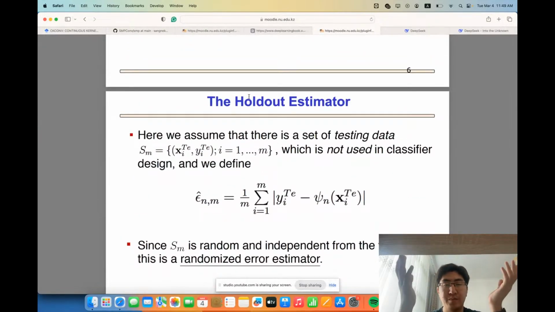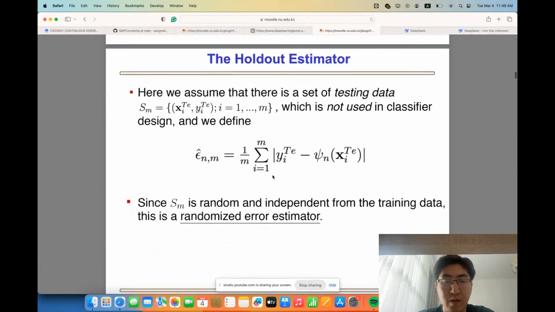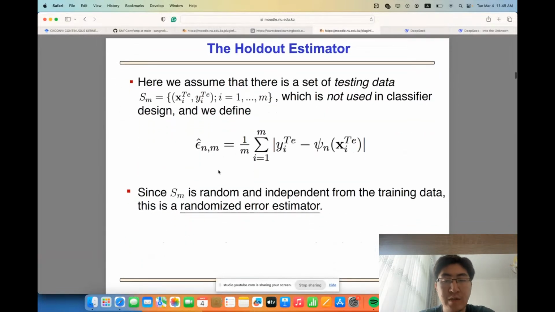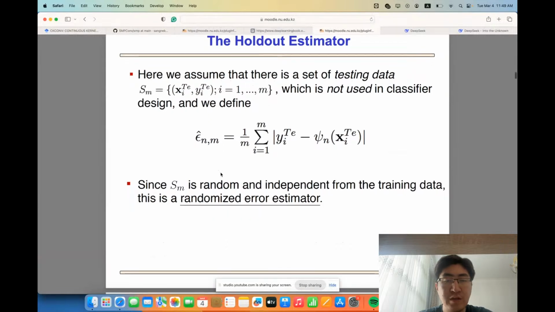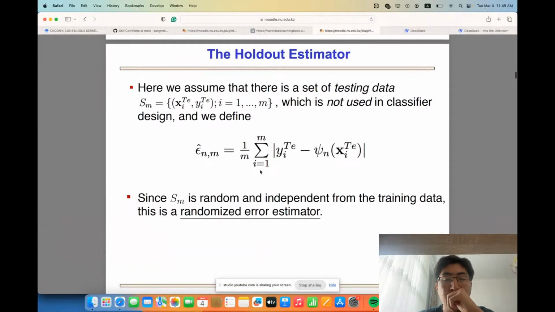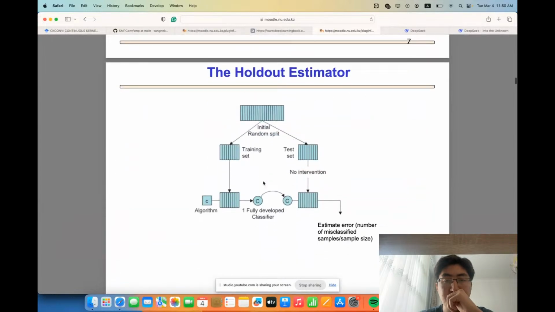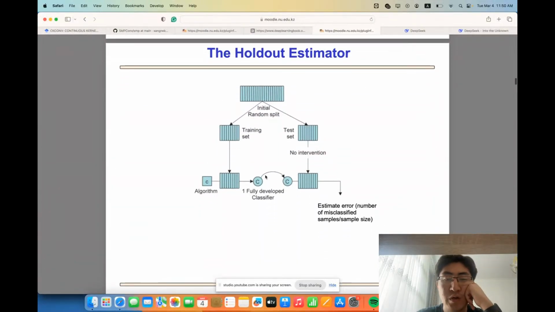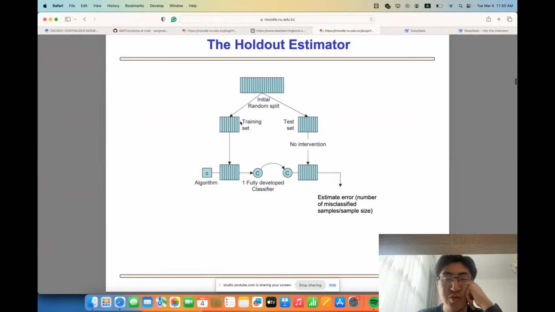Holdout estimator, which we have talked about before, right? Here we assume that there is a set of testing data which is not used in classifier design, and we define it in this way. Since the test set is random and independent from the training data, this is a randomized error estimator. So holdout is a randomized error estimator. How does it work? First we have a training set and a test set.